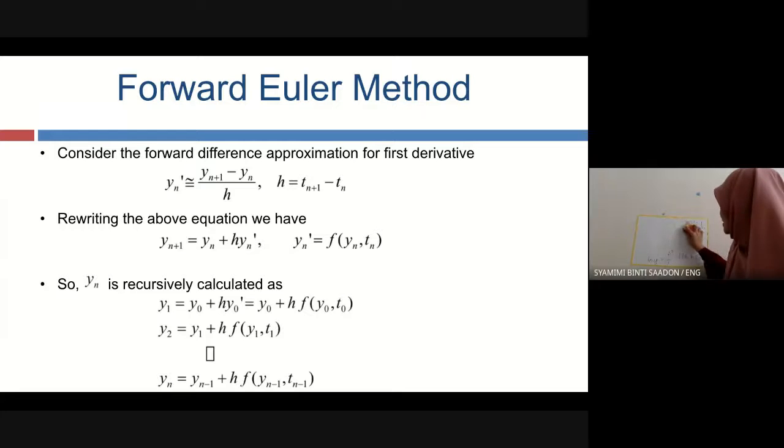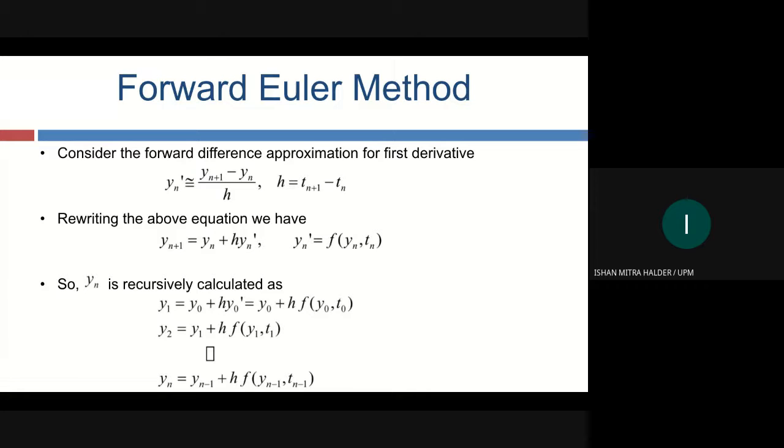Doctor, for the left side, will we keep the ln y, or will we do the exponent e to the power ln y so that it becomes only y on the left side of the equation?